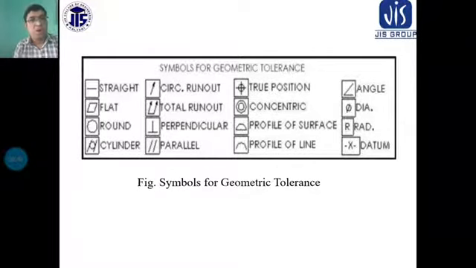Another is total runout, and also perpendicularity, and parallelism symbols are given. Also true position symbols, concentricity symbols, profile of surface, profile of line, angularity, diameter, radius, and datum symbols are given for geometric tolerance.